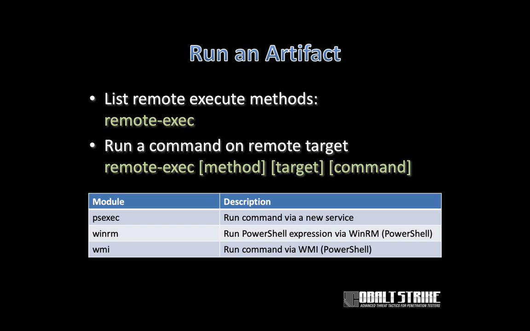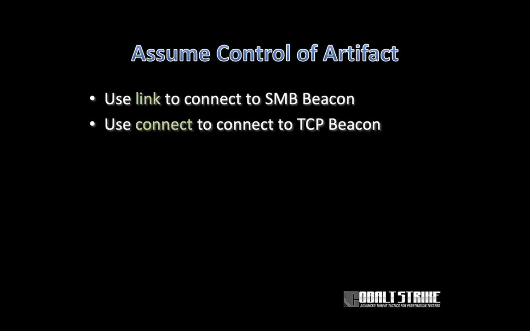You can create new methods with Aggressor Script, or you can use one of the built-in ones. To see the methods currently registered in your Cobalt Strike client, do remote-exec by itself. And to run a command on a remote target, do remote-exec, method, target, whatever command you want. The three built-ins are psexec, winrm, and wmi.